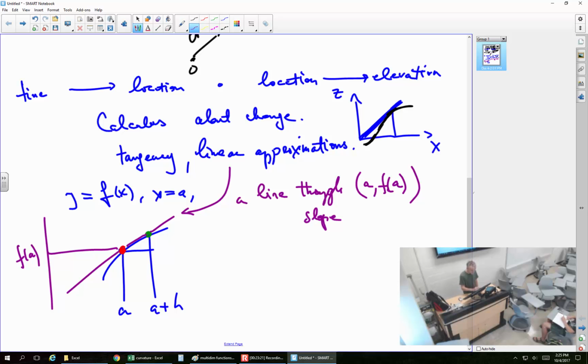Rise over the run: f of a plus h minus f of a, over h. That's right. This is the h, and the numerator is the rise. That's our best approximation if the function is simple. If we want infinite accuracy, we take h going to 0, and we have our derivative.